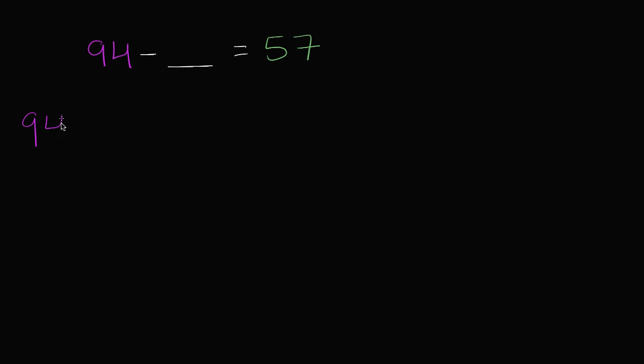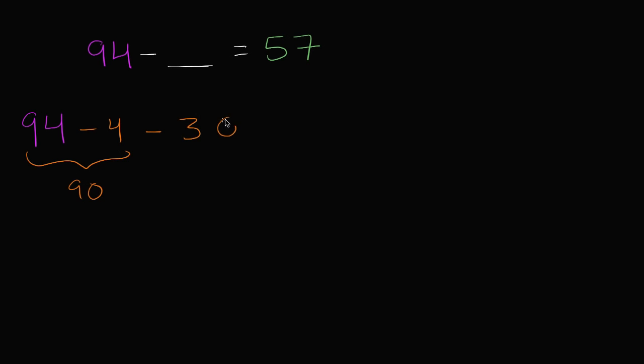I would start at 94, and then I would subtract 4 to get to 90. And let's see, then I could subtract 20 to get to 60. I don't want to get lower than 57. Oh, sorry, I could subtract 30 to get to 60.